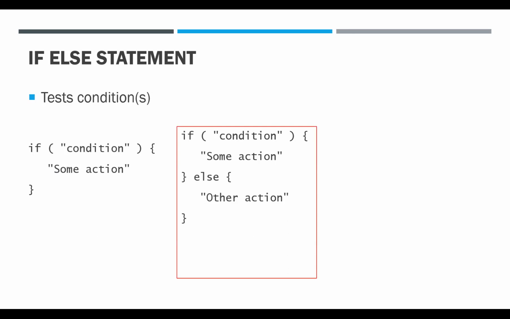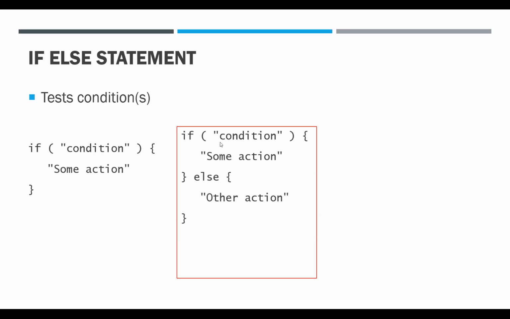The second structure, a little bit different, is the if-else statement. Technically, if you have an if statement, you don't need an else condition. You could just have a single if statement, so that if it satisfies that condition, then it'll execute that if statement. An if-else statement means that there is a default action, as in if the condition in the if statement is not met, then the else portion is executed.